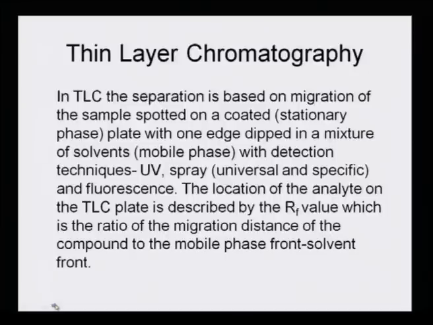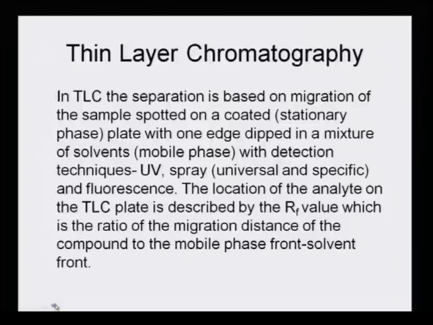I will explain all these in a while. The location of the analyte on the TLC plate is described by the RF value, which is the ratio of the migration distance of the compound to that of the solvent front.